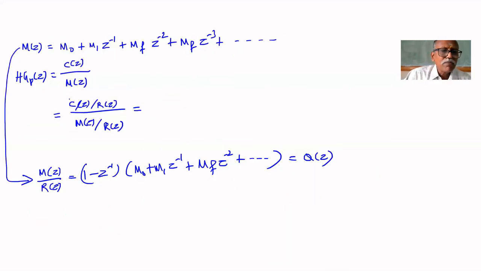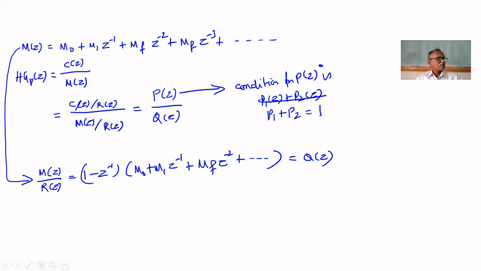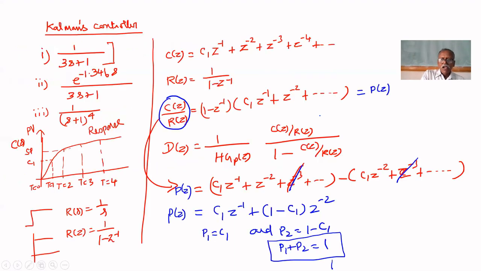Therefore, HGP of Z can be written as P of Z upon Q of Z. When can we call the numerator P of Z? What is the condition? P1 plus P2 equal to 1, the sum of the coefficients. Then only it is P of Z. That is already what we have seen here.